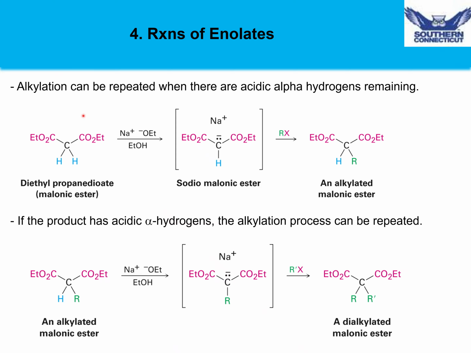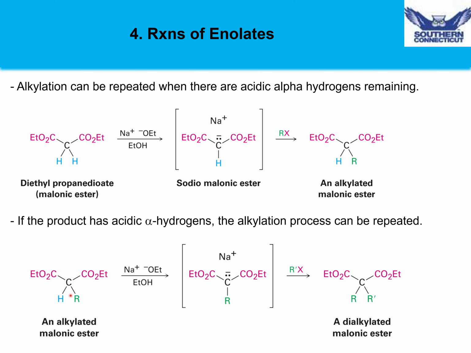As long as our carbonyl compound contains alpha hydrogens, we can do multiple alkylation reactions as illustrated on this slide. So here we have a 1,3-diester. If we add base, we can remove one of these alpha hydrogens, form an enolate, and then that enolate can react with an alkylating agent to add an alkyl group.